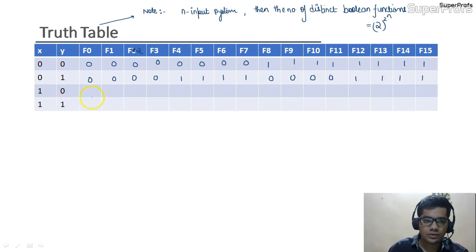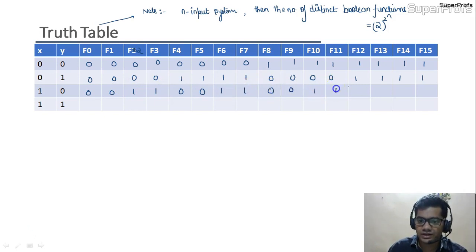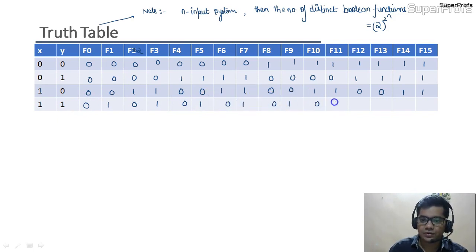Now 2 times 0, 2 times 1, and so on. Now alternating 0, 1, 0, 1. So these are all the possible combinations for a two input system and all the possible distinct Boolean functions.